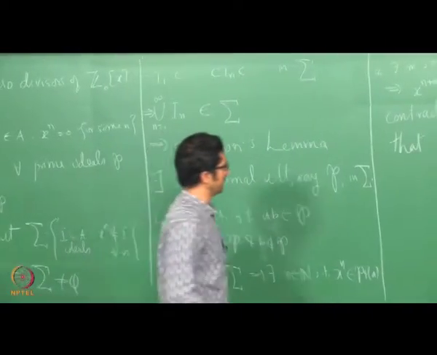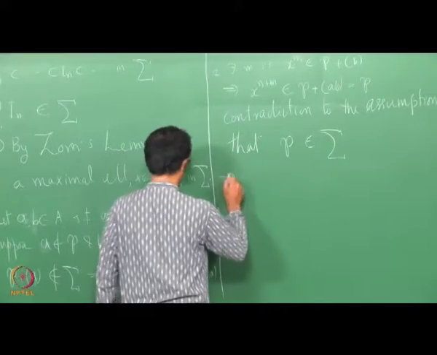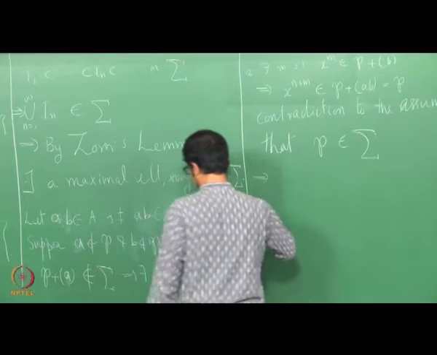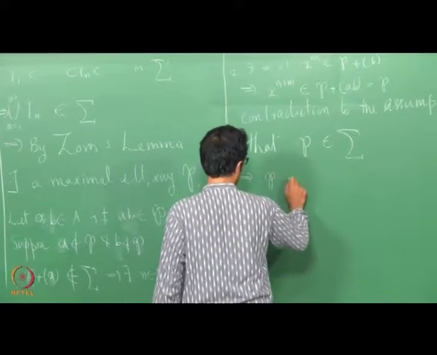So this contradiction says that either a belongs to P or b belongs to P. This implies P is a prime ideal.